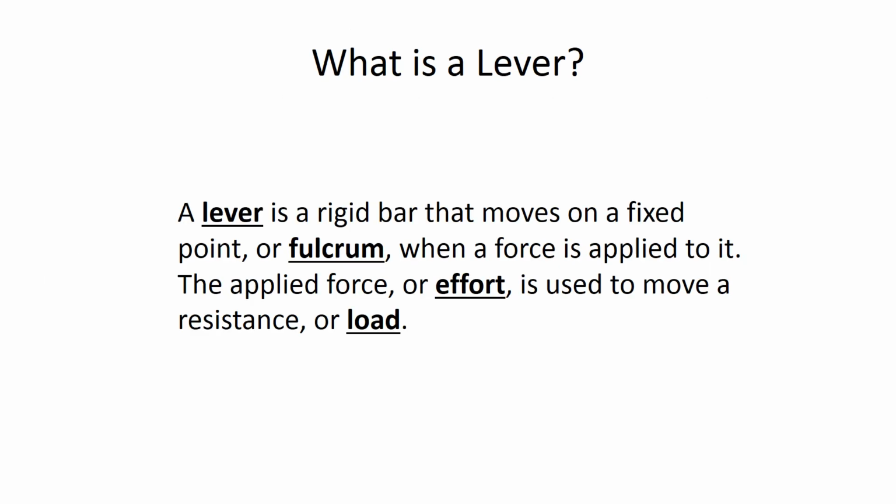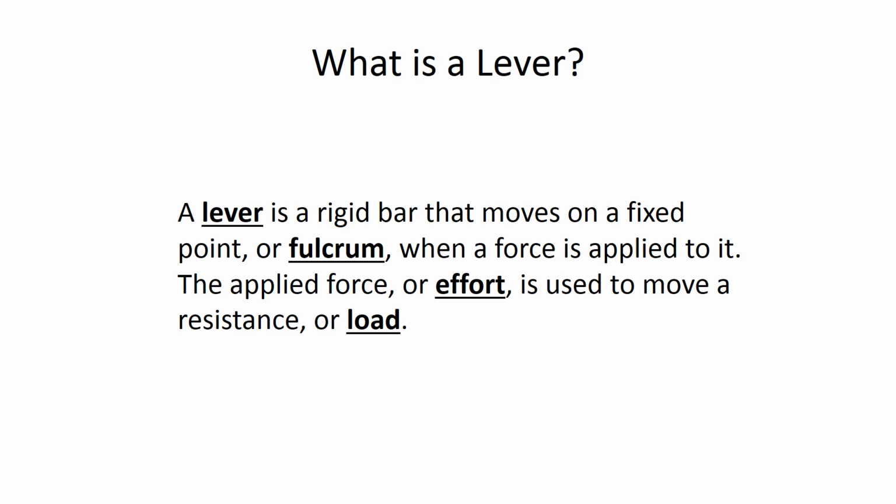The other thing we want to talk about is a little bit of muscle mechanics or lever systems. The operation of most skeletal muscles involves the use of a lever system. A lever is a rigid bar, like a board, crowbar, or a bone, that moves on a fixed point.